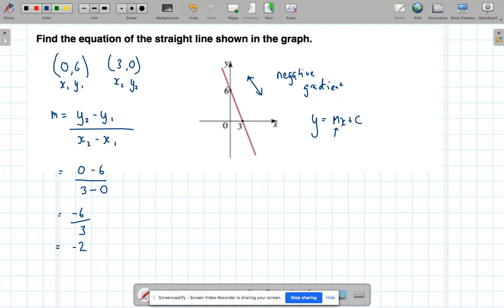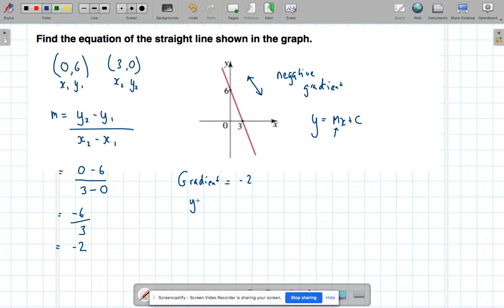Also, I could have got that from rise over run. The rise is 6 and the run is 3, and it's sloping in a negative direction, so negative 2. But I wanted to introduce you to the gradient formula because it's a very handy one to use. All right, so now I know my gradient, or m, is negative 2.